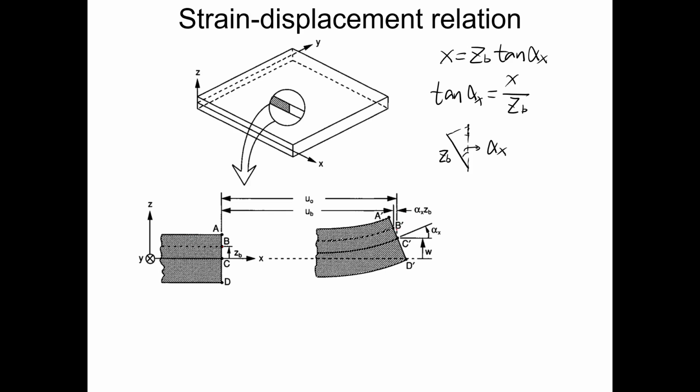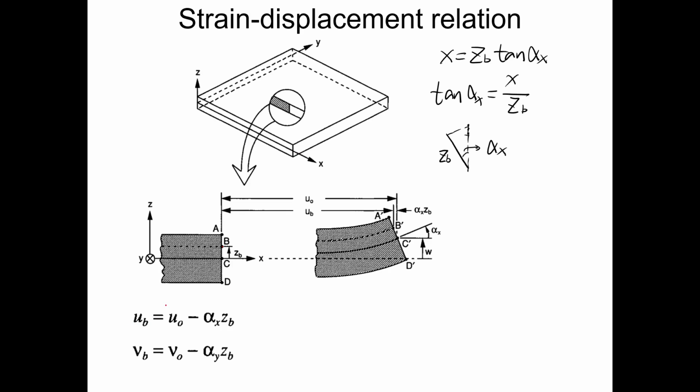After deformation, you have the B prime, right? So in that case, what will happen here? We want to find out, originally you have UB, okay? And let's find out the equations.